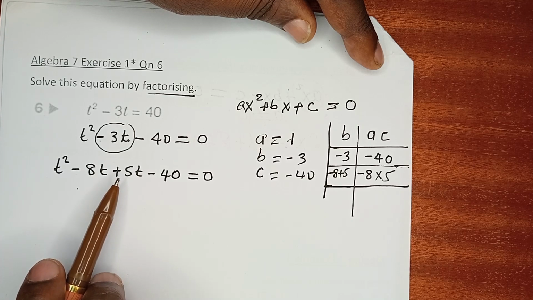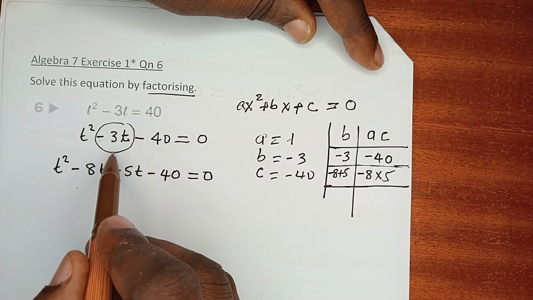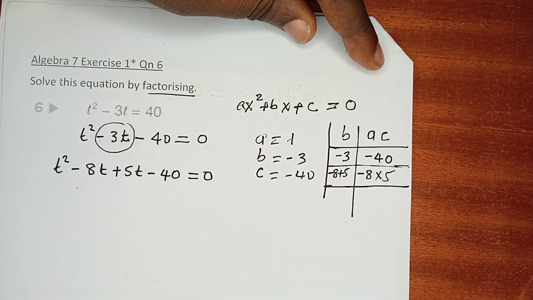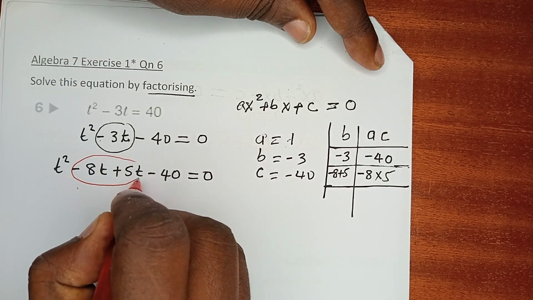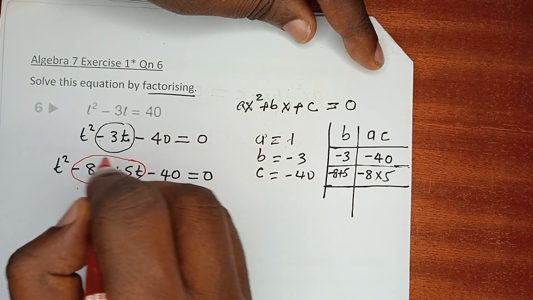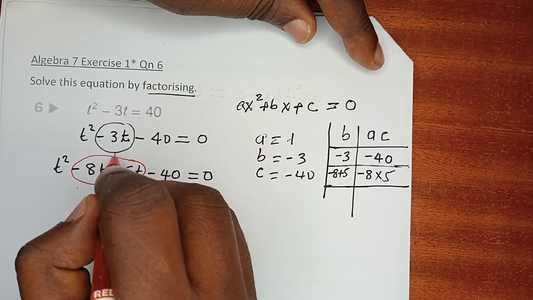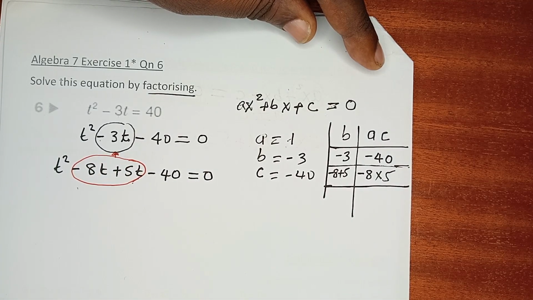Keenly, if you evaluate minus 8t plus 5t, it is basically negative 3t. The reason why we had to do that is so that we can factor out two terms at a time.